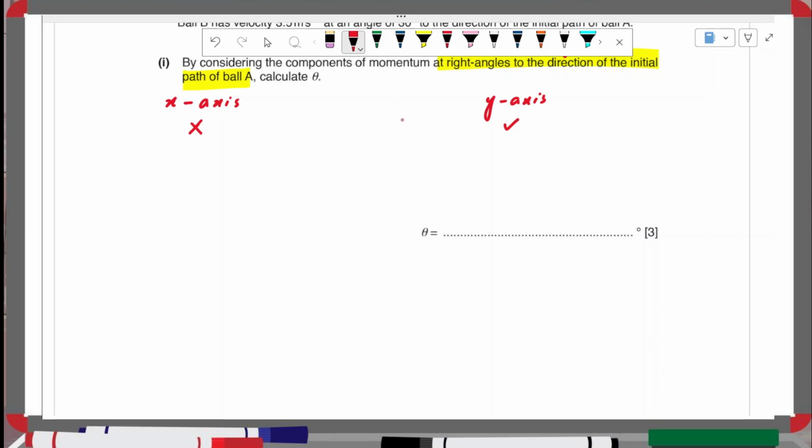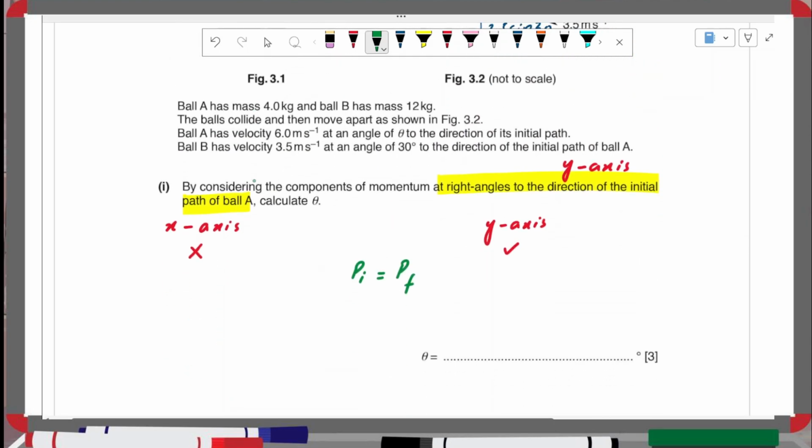So we'll use the principle of momentum along the y-axis, which is, the initial momentum or the total momentum before collision equals the total momentum after the collision. In what direction? In the y direction.